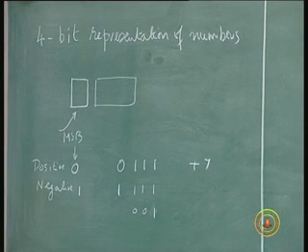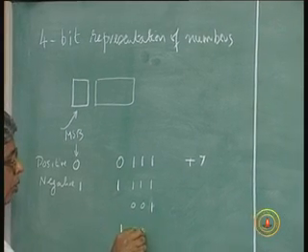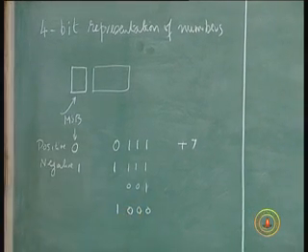The other extreme is 0 0 0 0. So, 1 followed by 0 0 0, again this is a negative number.